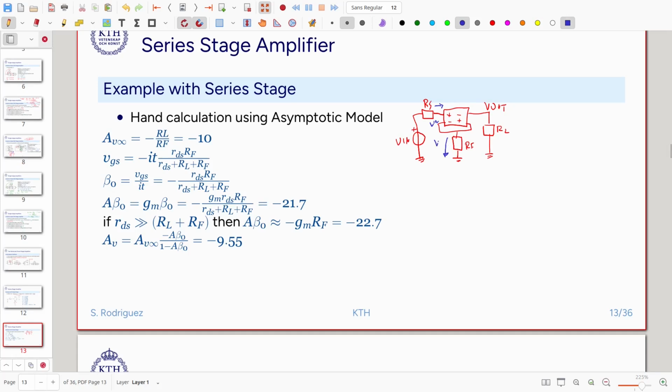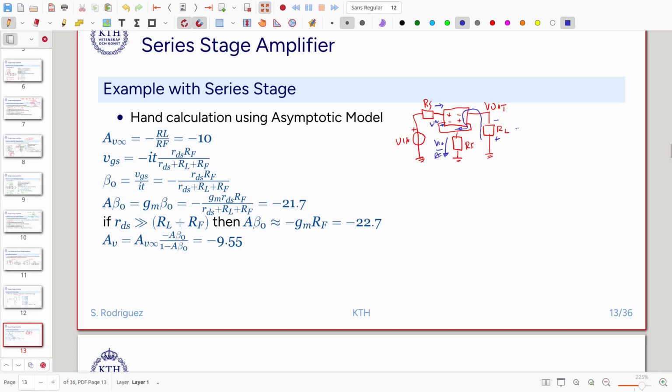The current that flows here will be Vin divided by RF, and all this current is going to flow here because there is no current flowing at the input of the nullor. So all this current is going to be diverted towards the load.